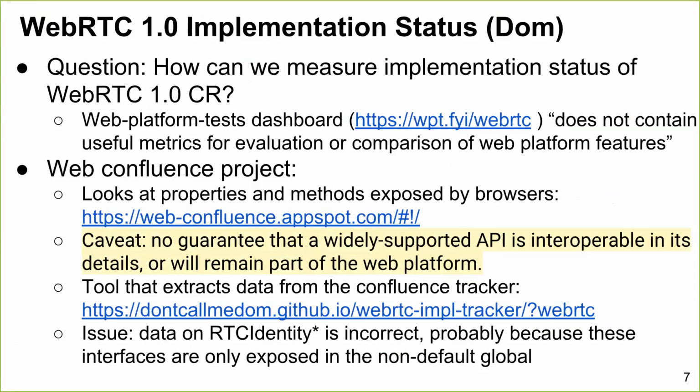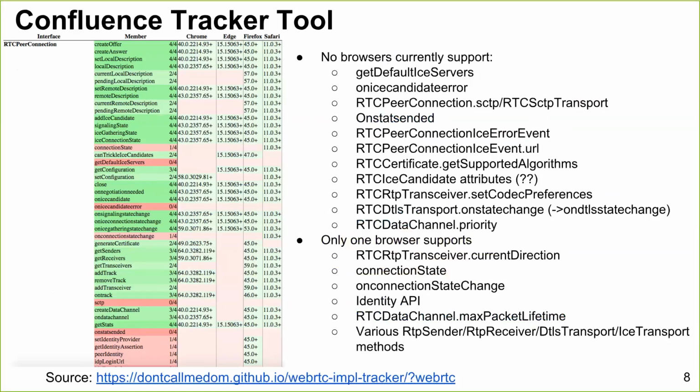The extraction highlights which of the methods and properties have little or no implementation using red hues. So let's take a look at what that gives you.